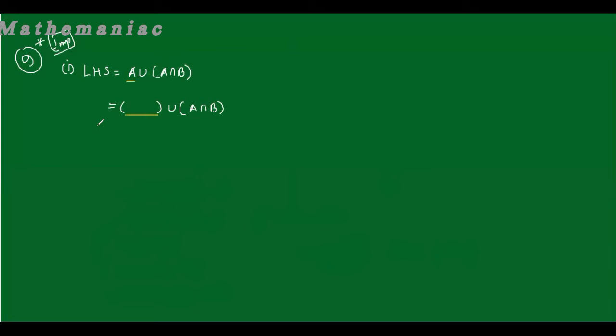Number two, I should also use the intersection operation, so that I get A. So what I can write right here is A intersection U, the universal set. Just remember A intersection U will give A only, right? The Venn diagram says so.